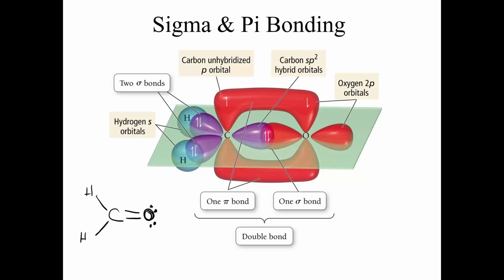Okay, so what they're showing here is, let's focus on the carbon. So the carbon, once again in purple here, that's your sp2 hybridization. Alright, so this has three sigma bonds, and it's sp2. But it also has a pi bond, and that's what you see here in red.